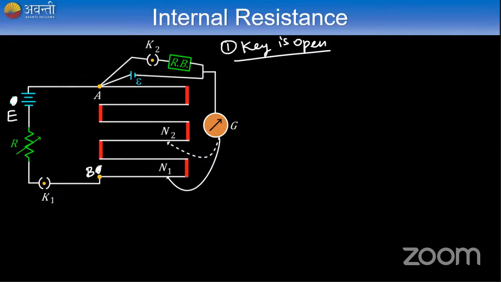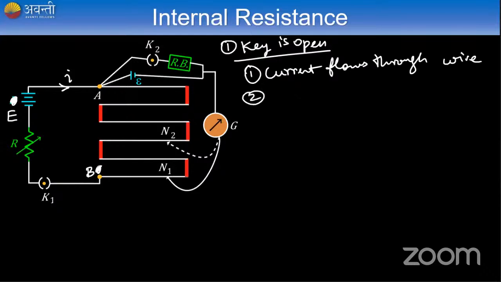So yes, there exists some current I. So there will be some potential gradient set up. So here also current flows in the circuit, flows through the wire. There exists a potential gradient, a potential drop exists.